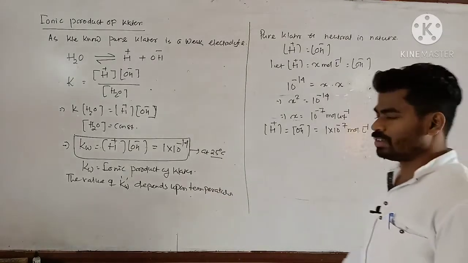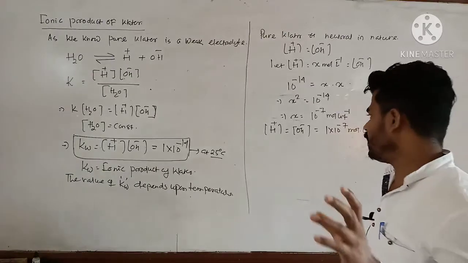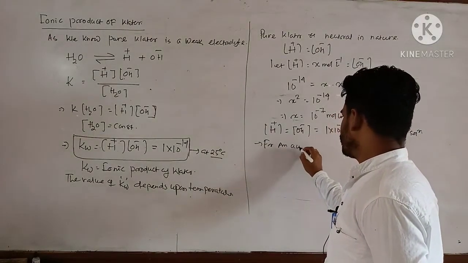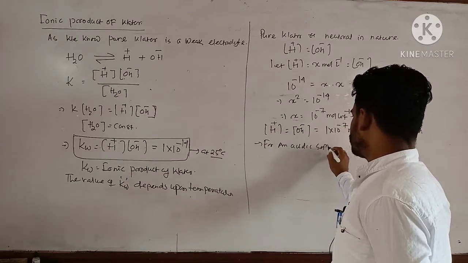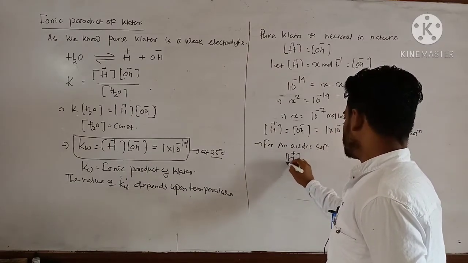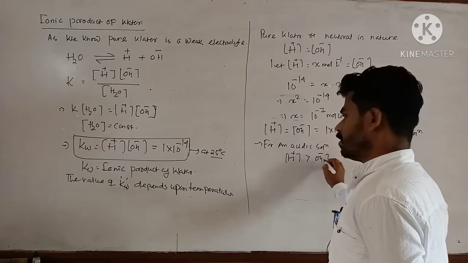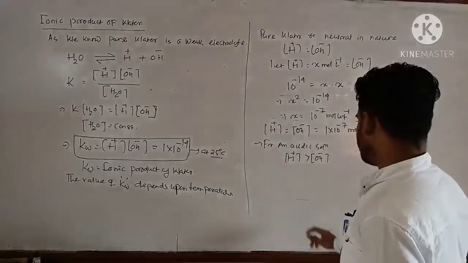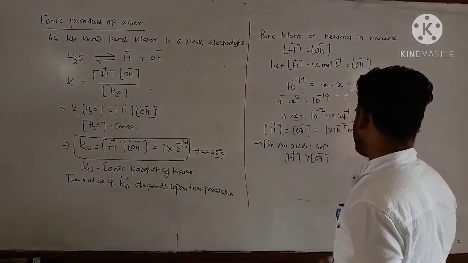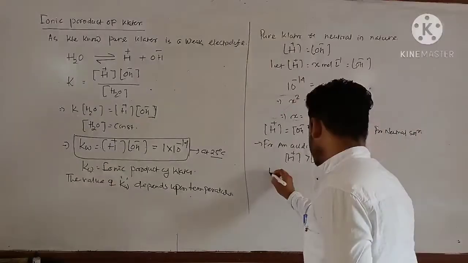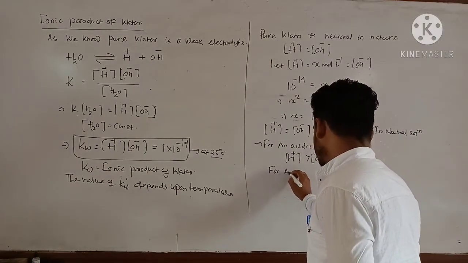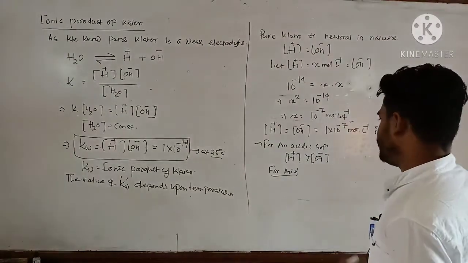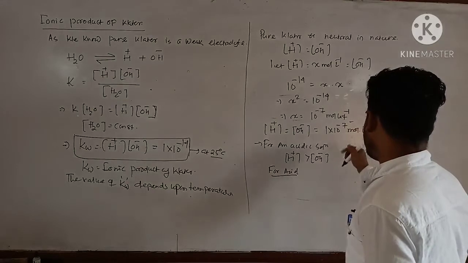So for an acidic solution, the concentration of H plus ion should be more. So I can write over here, for an acidic solution, the concentration of H plus must be greater than the concentration of OH minus ion. Is that clear? So the concentration of H plus ion for neutral is 10 to the power minus 7. That means for acid, the value of the concentration of H plus ion should be greater than 10 to the power minus 7.